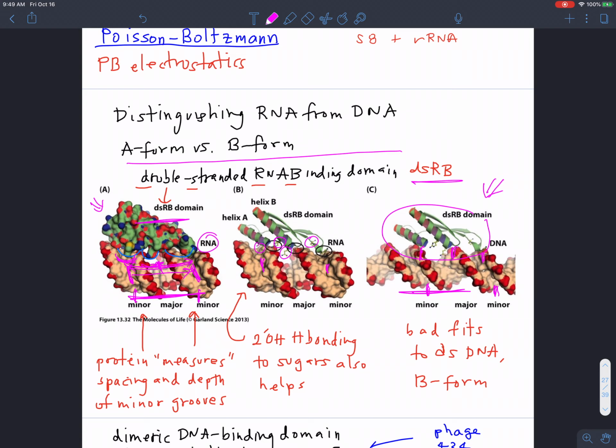They can reach in and interact with the sequence, so a thing that has a general preference for A form over B form also can have a sequence preference if the side chains are lined up right or have the right amino acid sequence themselves in order to do that.